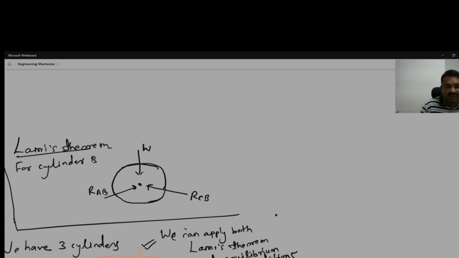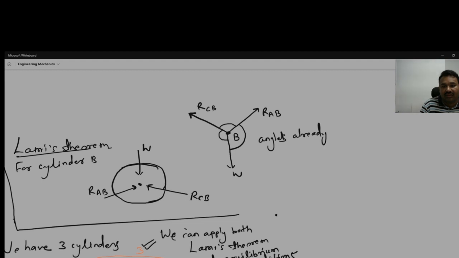So this can be written like W, this is R CB, this is R AB, and this is the center, as the cylinder name is B. So as per this, we have to know this angle, this angle, and this angle, and the angles we already know.